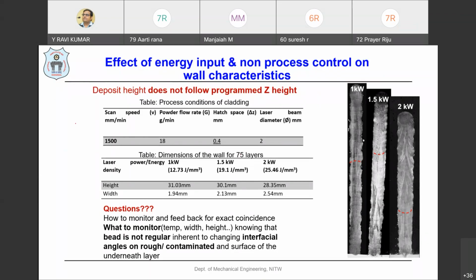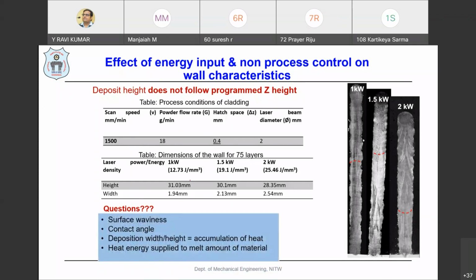You can see in the table for 1 kilowatt is 31 and for 1.5 kilowatt is 30 and for 2 kilowatt is again 28, because even though we are assuming that 75 layers of 0.5 millimeter thickness is going to be calculated, even such kind of defects are going to occur because of the variations in the energy densities. Because of that, the surface waviness, contact angle, and accumulation of heat.